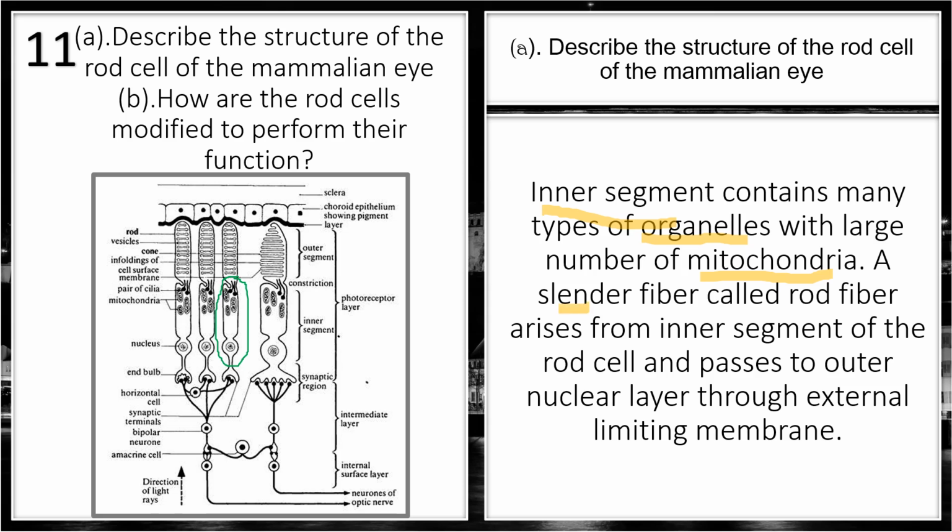A slender fiber called the rod fiber arises from the inner segment of the rod cell and passes to the outer nuclear layer through the external limiting membrane.